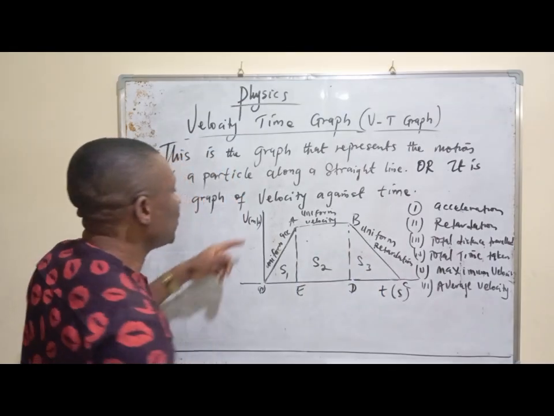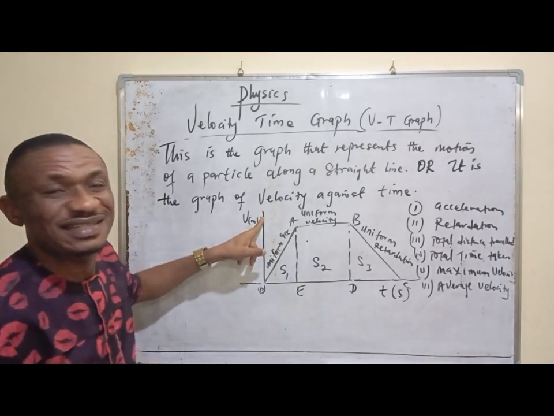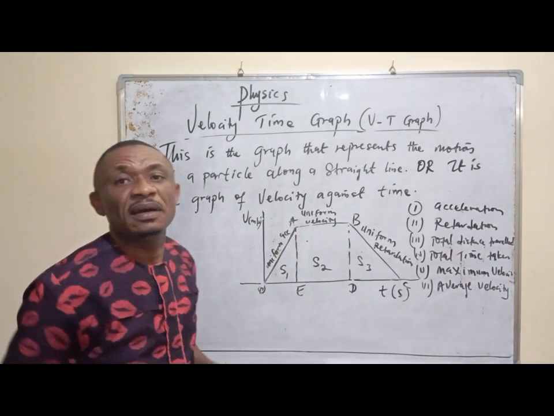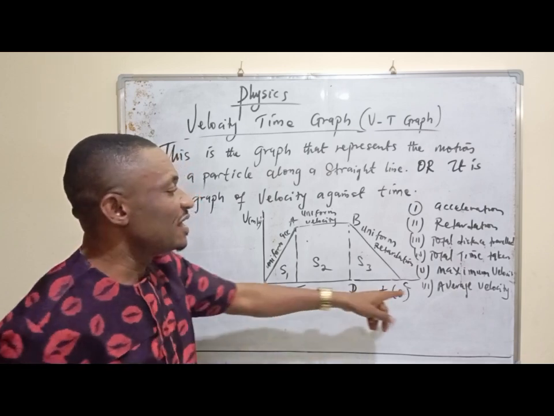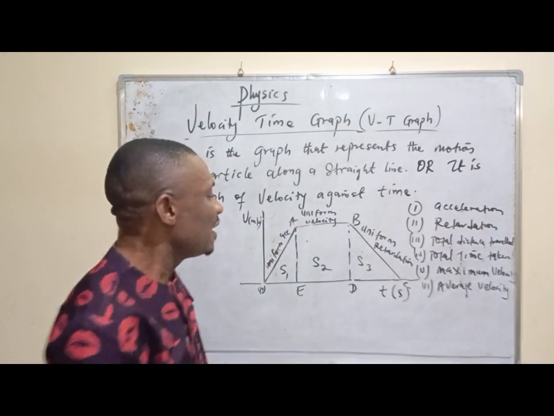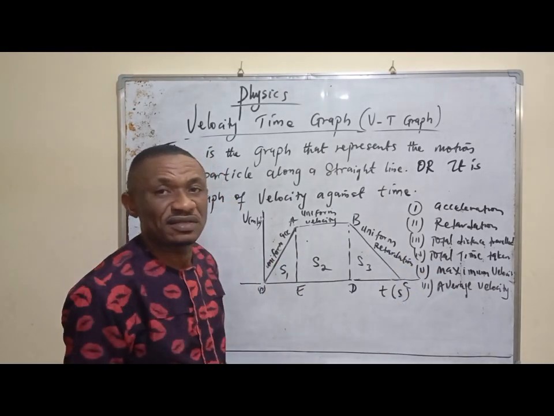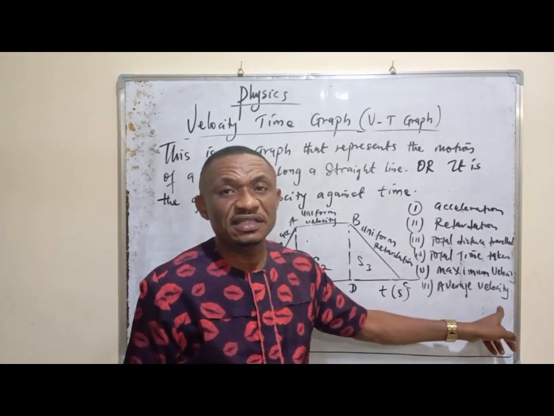The maximum velocity is this one, that is the highest velocity the body attains before it comes to rest. Then the next one is average velocity. Average velocity is always calculated when you obtain the total distance and divide it by the total time taken. That will give you average velocity.